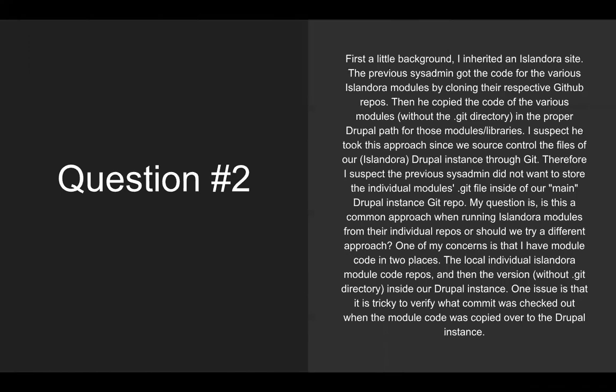The typical way that Islandora is deployed to different sites is by specifying commit hashes for each Git repository for each module that you're going to clone down, and have sort of a unified method of specifying exactly what commit hashes you want for each module that can sort of deploy it automatically. We do that through Puppet, but I mean, there's all sorts of ways to do that. Ansible is another popular one where you could have something as simple as a shell script that just contains a bunch of commit hashes that can go through.